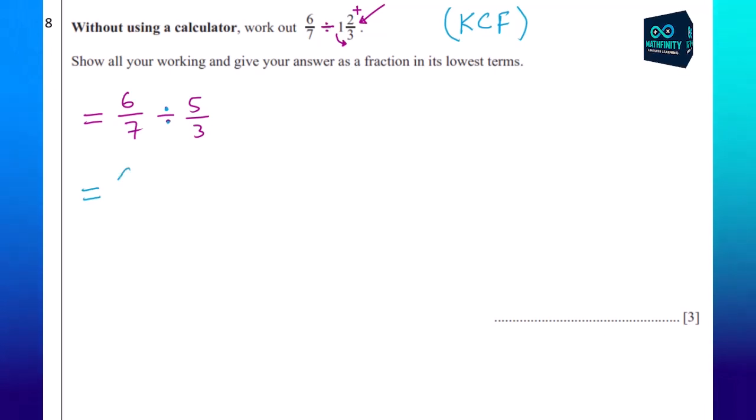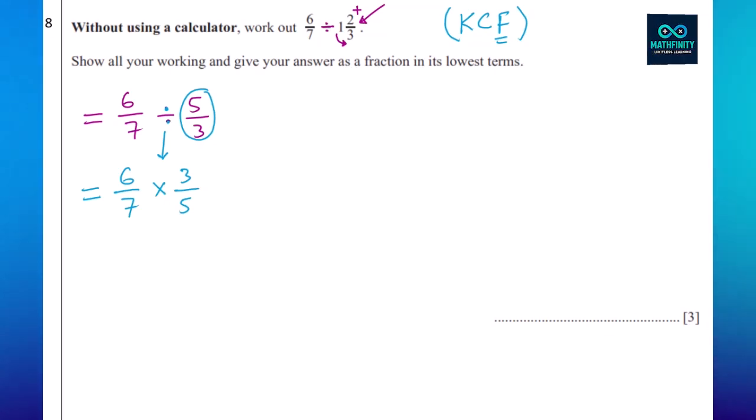Keep means keep the first fraction as it is, change the division sign into multiplication, and F means flip. Keep, change, flip. Flip this fraction. So what will be the answer? 3 over 5. After this we convert it into multiplication. Now just multiply numerator with numerator and denominator with denominator.